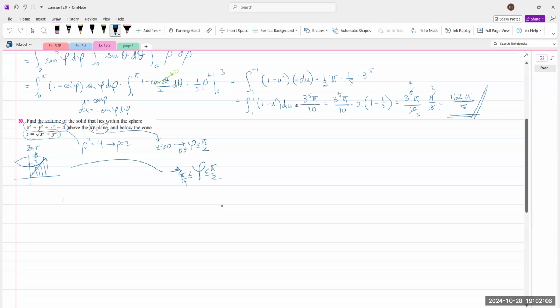Okay, so triple integral from 0 to 2 pi, that's for the theta. For the phi, that's from pi over 4 to pi over 2. Within the sphere, rho from 0 to 4, okay, for the d rho, and then rho squared sine phi.